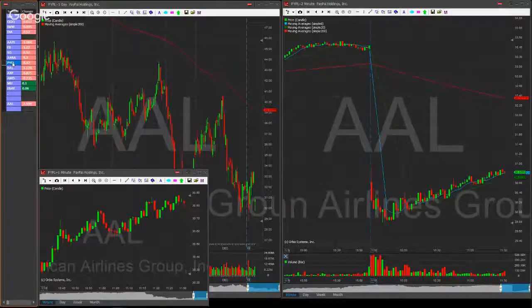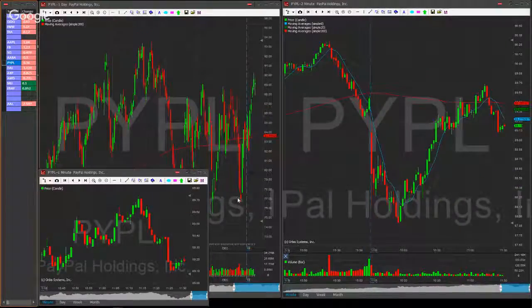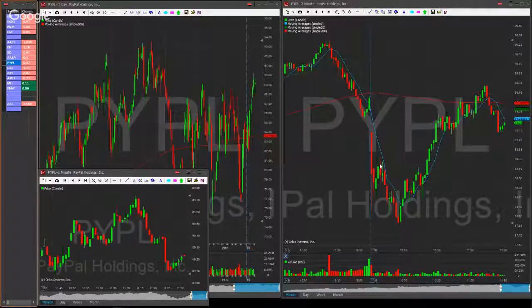So I found this PayPal. I was looking at the pre-market for entries. I missed this big candle. I could have been done if I caught this move to the downside, the first move. So instead, I caught this one off of the minute chart.